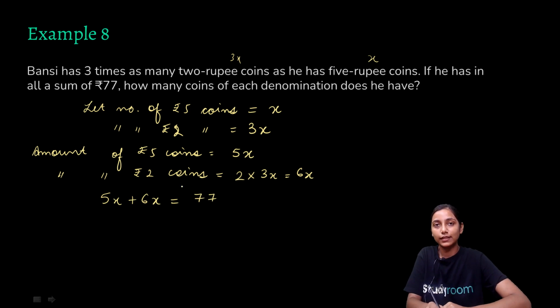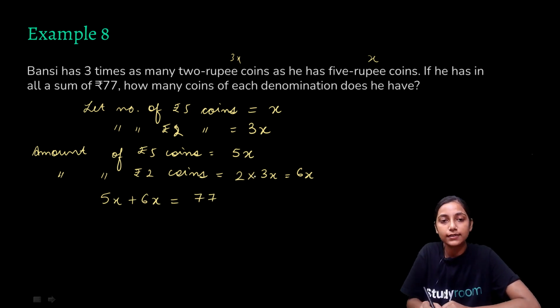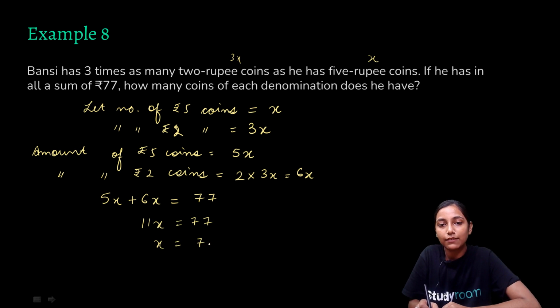We just have to solve this equation and we'll get the required answer. This is going to be 11x equals 77. We need to divide both sides by 11 and we'll get 77 by 11, that is 7.